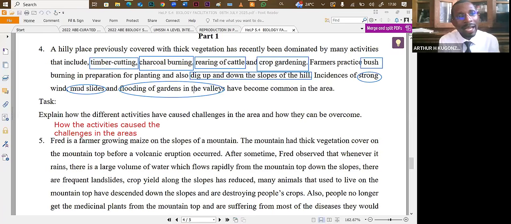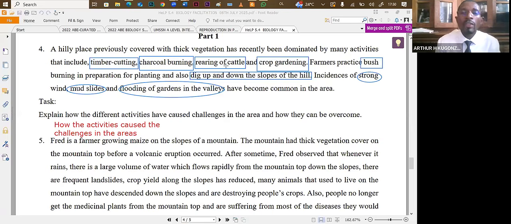What does timber cutting cause in the area? And what are the problems of the area? The problems of the area are only three: strong winds, mudslides, and flooding of gardens in the valleys. Now the question is, how would I write my first point? My first point should be on timber cutting. My second one on charcoal burning.